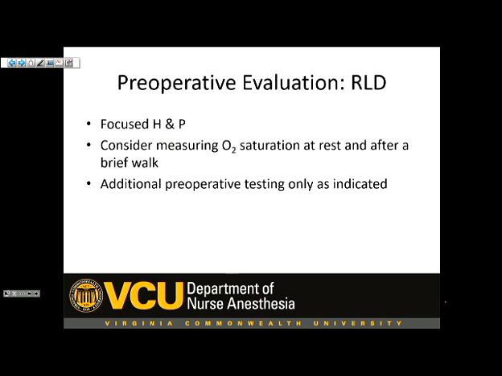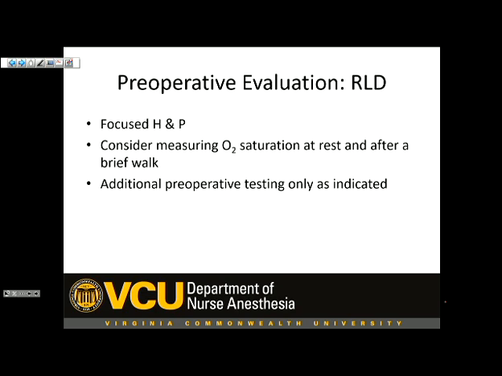They're going to be at risk for postoperative pulmonary complications, such as need for long-term mechanical ventilation, at baseline. So we want to get their pulmonologist involved and make sure that that person doesn't have any specific recommendations or doesn't need to treat any acute issues.